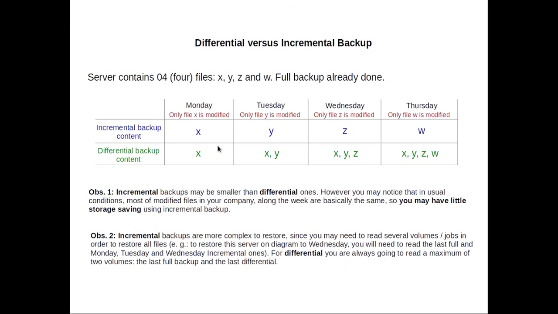What does it mean? The files that are modified during the week are usually the same, okay? So it's the same spreadsheets, the same databases, the same log files, so this difference between incremental and differential size may not be substantial.